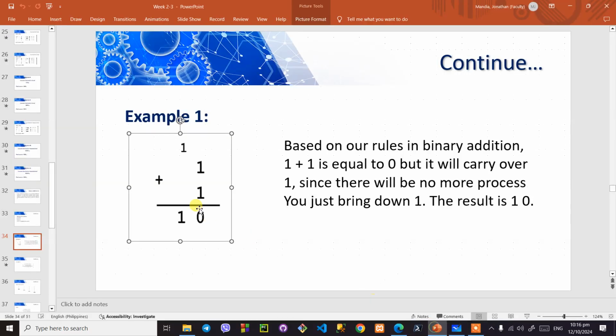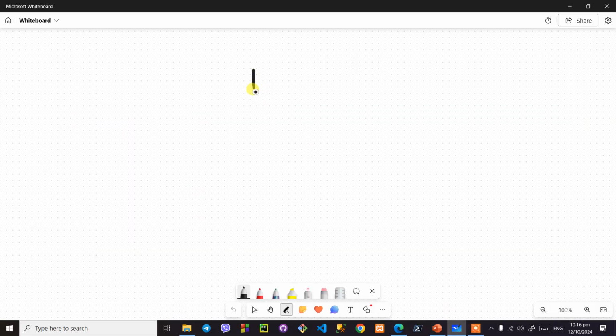So, example, let's put it on the whiteboard. This example, 1 and 0. We have 1 plus 1. We have 0, carry 1.